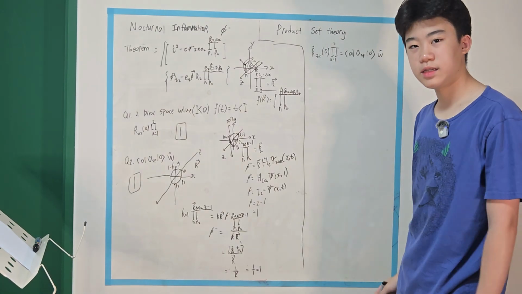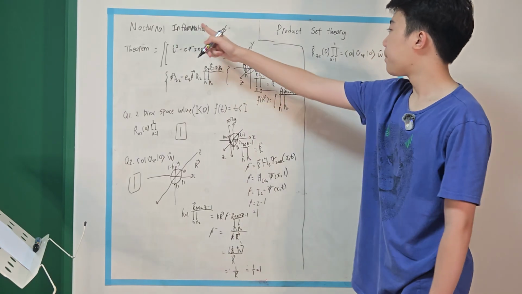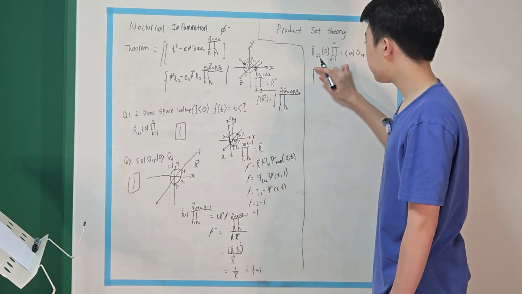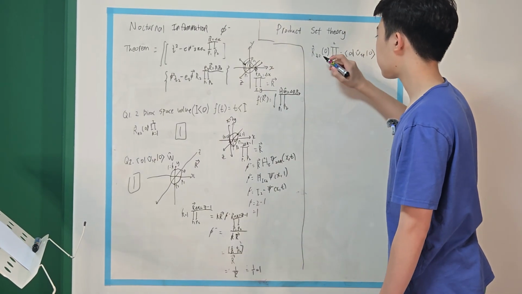And since it's a set theory, we talked about set theory last time. This is almost the same value, and this is set theory plus nocturnal inflammation. This is the product set theory.